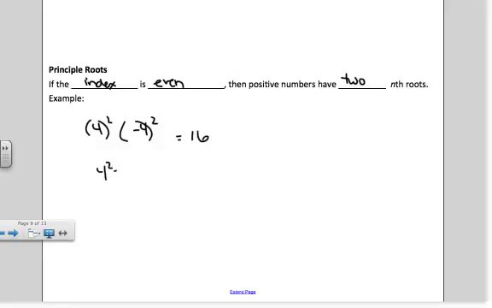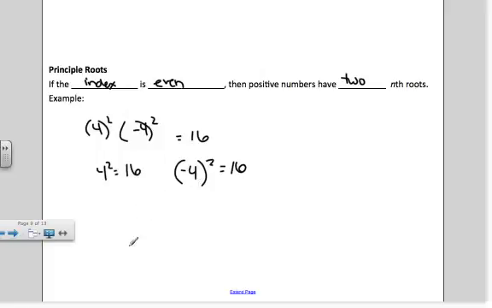So 4 squared is 16, and -4 quantity squared is 16, okay? So the square roots of 16 are 4 and -4, and 4th roots of 16 are 2 and -2.